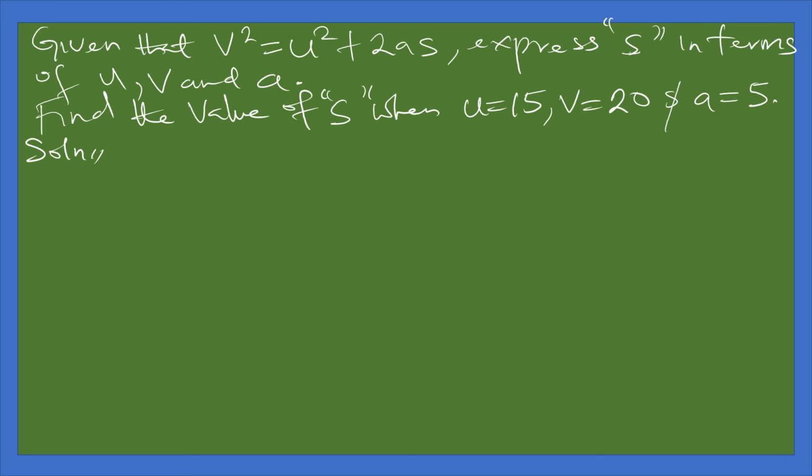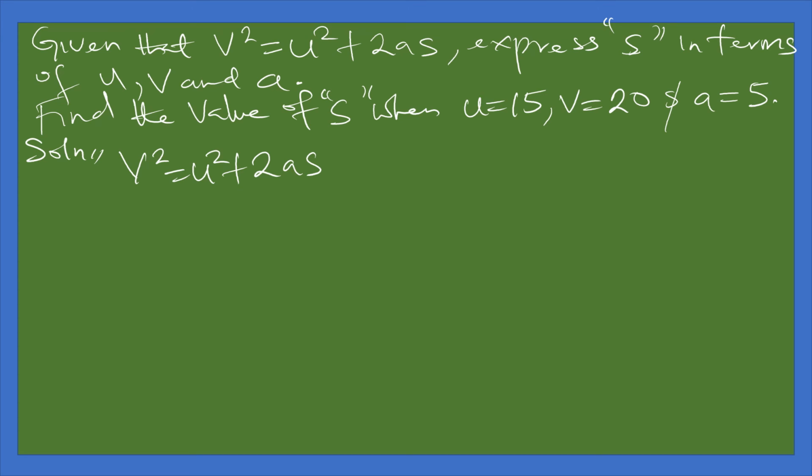So let's proceed. From here we have that V squared is equal to U squared plus 2AS. We want S to stand alone. How can we proceed?